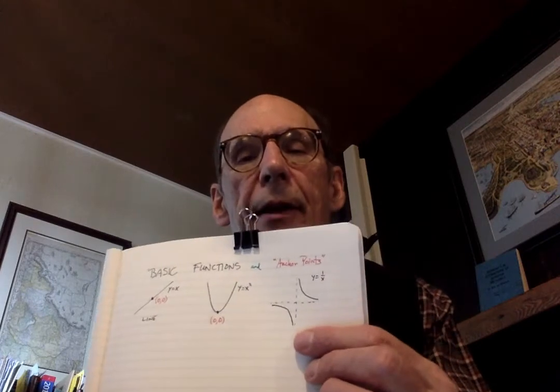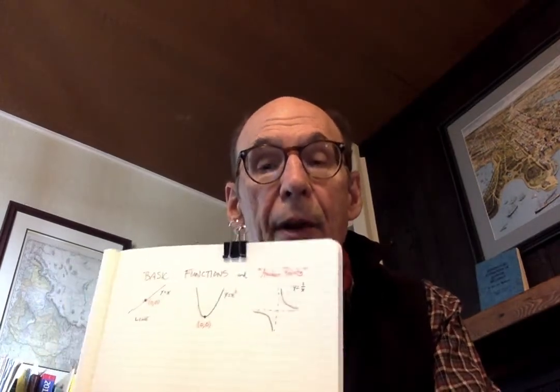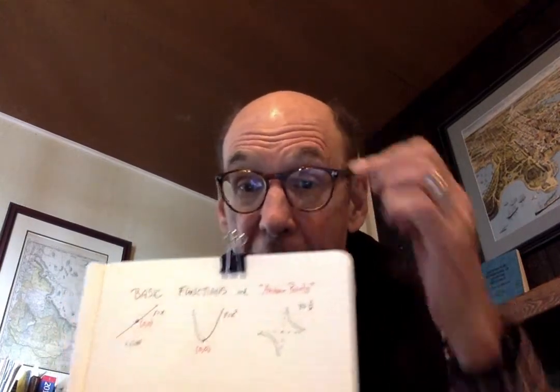Okay, the next one is a little bit funky to draw, but it's the reciprocal function, y equals 1 over x. I'm drawing the graph. This is not a real graph, this is a conceptual graph. But y equals 1 over x, and it's got these two branches. And of course, it's not defined when x equals 0. And I know that because that's how I got this scar in 8th grade. So now the anchor point is not on the graph.